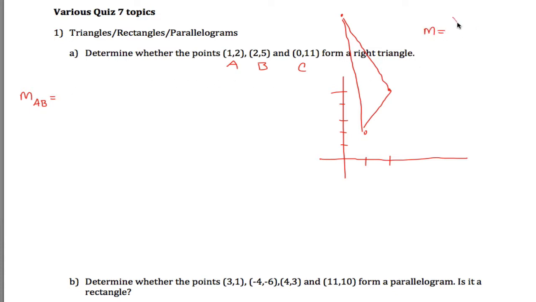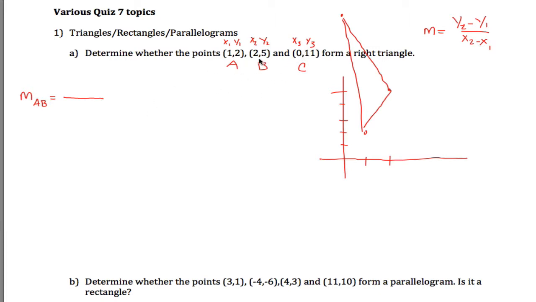The way you find the slope of the line between any 2 points is the difference in the two y coordinates divided by the difference in the two x coordinates. So in this specific case, if I want to find the slope of the line that connects points A and B, I'd take these two y coordinates. Maybe I'll call this (x1, y1), (x2, y2), and I'll call this (x3, y3).